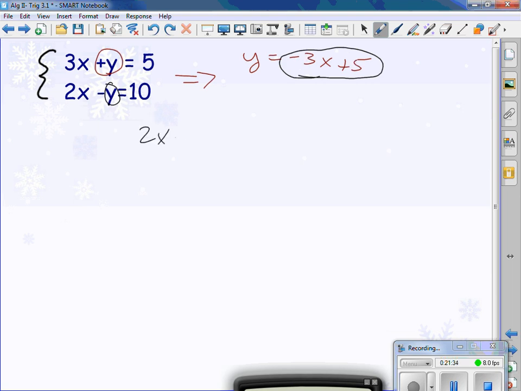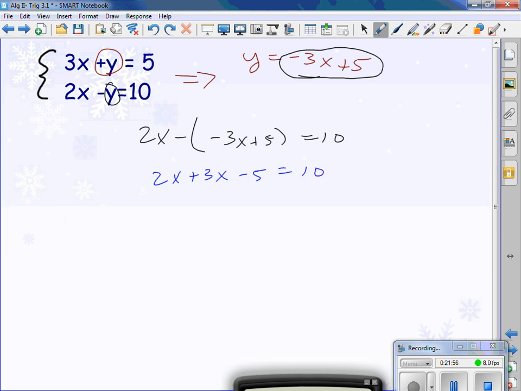So 2x minus, now I put it in parentheses, negative 3x plus 5 equals 10. Y means this. I distribute: 2x plus 3x, because the negative times the negative, but then I have minus 5.